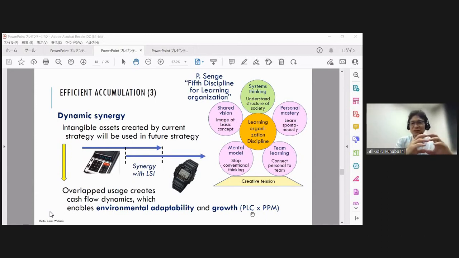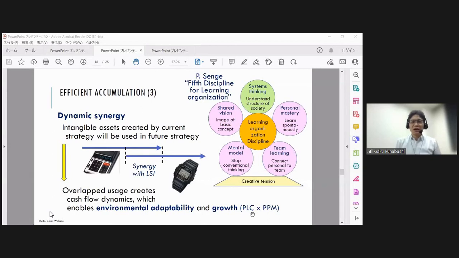The creator of the product portfolio management, Boston Consulting Group, suggested it is better to invest this cash either on the stars or question mark. Stars has a future. Question mark, it depends. It has a future, or maybe it can be the dog.